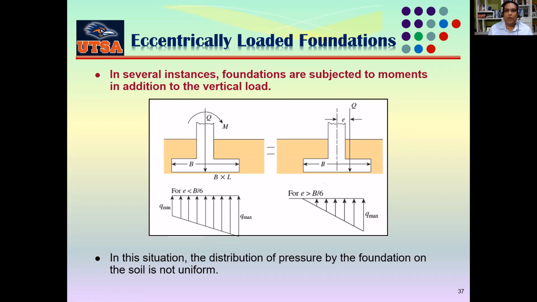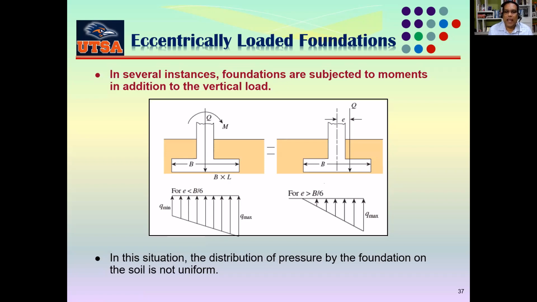If you move yourself to the right a little bit, then the right side is going down and the left side is going up, right? So when you are moving in such a way that your E is just equal to B by 6, then you will see that the other side is having zero pressure.